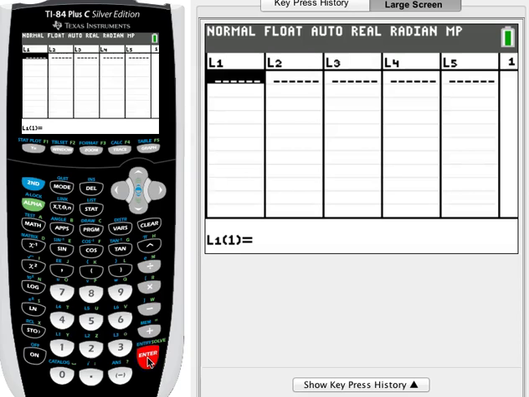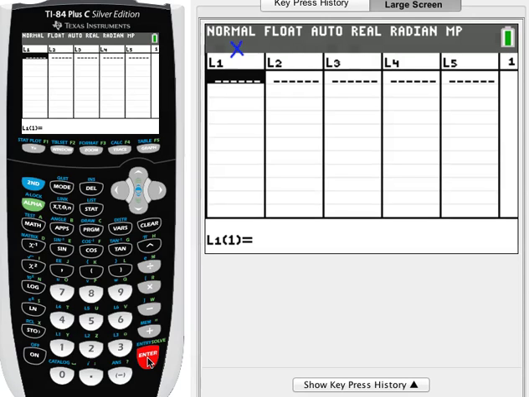When you go into edit, you now are going to see lists. We're going to list all of those X values in list 1, all of the Y values in list 2.